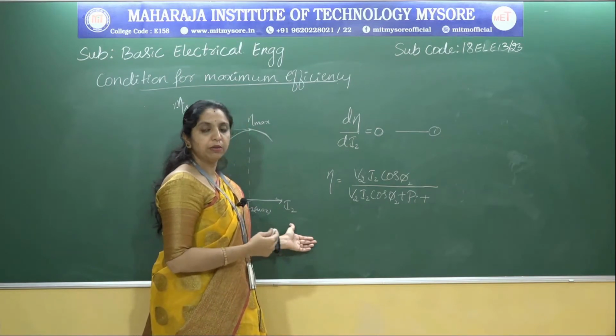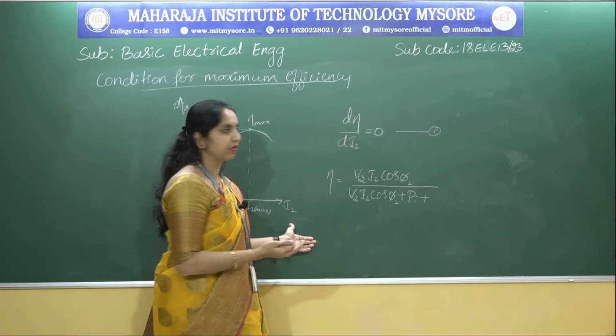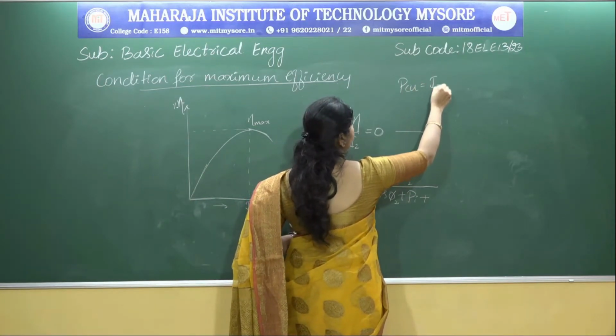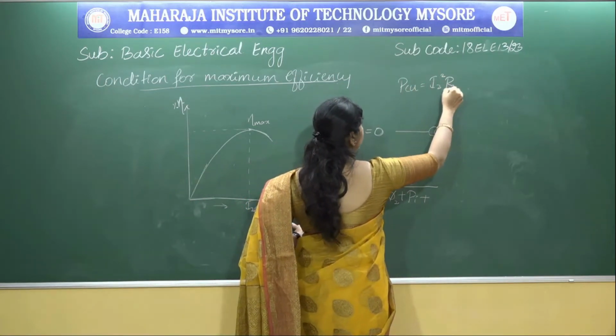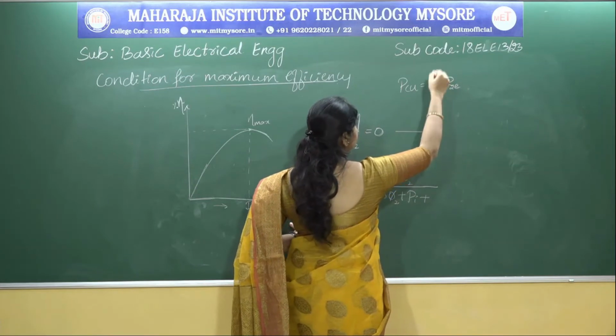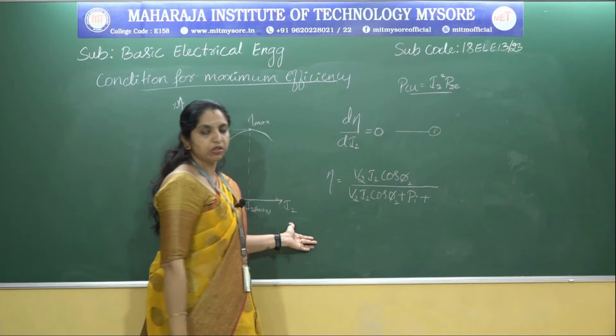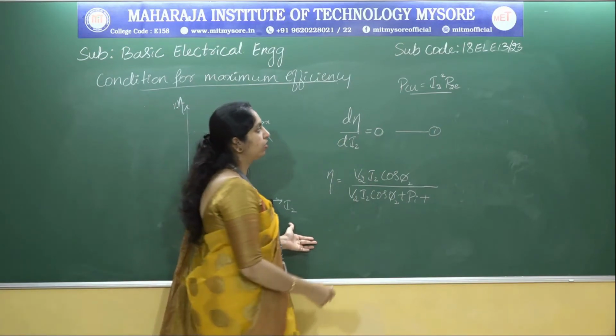We know that PCU can also be expressed in terms of current. As we have already defined in the copper loss discussion, PCU is equal to I2 square into R2E.